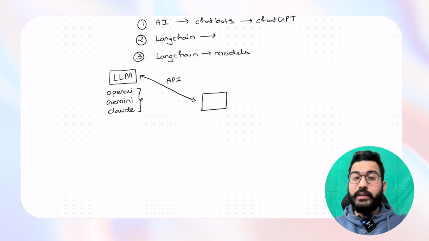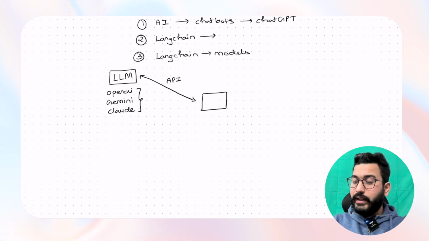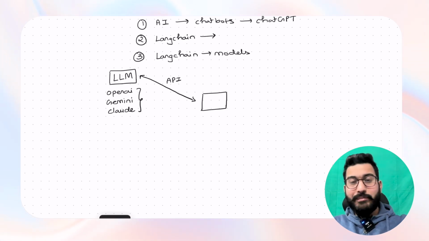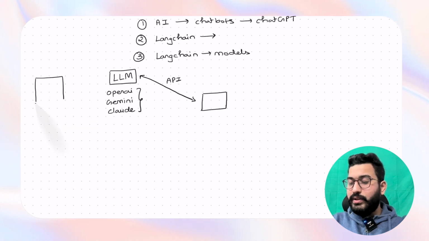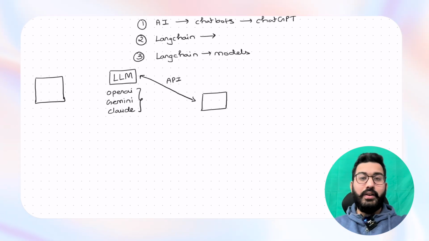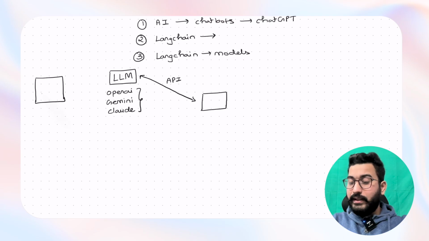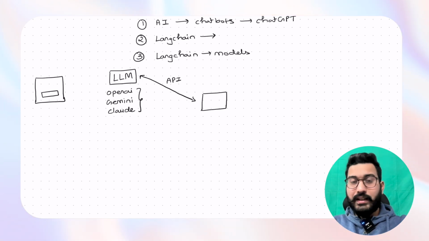I also told you that you need to pay for it, because if you are using OpenAI, ChatGPT, Gemini, or Claude through their web interface, so if you go to chatgpt.com or gemini.google.com or Claude, which is Anthropic, claude.com, you get an interactive web application where you can talk to these models and get your task done.